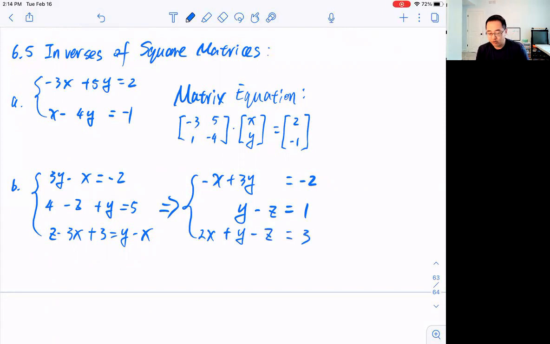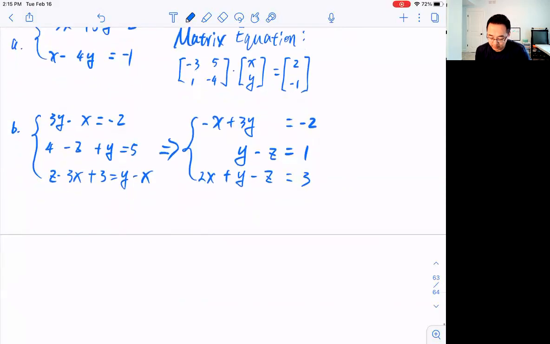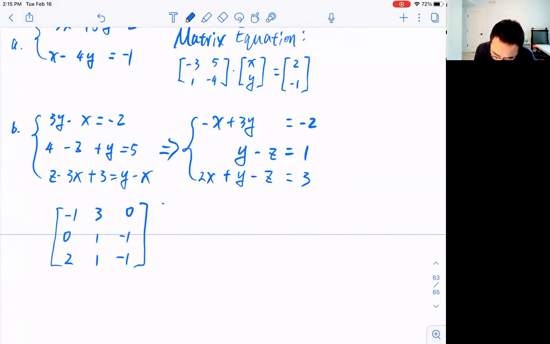Now all three equations are in their standard forms, so you can get the matrix equation, which is now the matrix of coefficients: -1, 0, 2, then 3, 1, 1, then 0, -1, -1. That's all the coefficients, times your variable matrix, so x, y, and z.